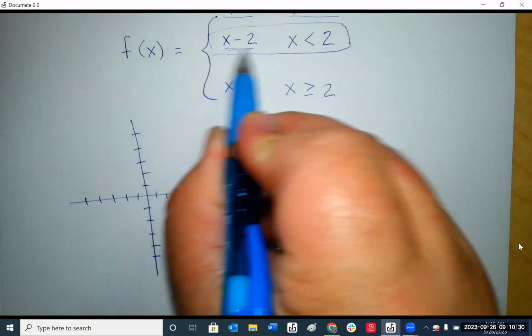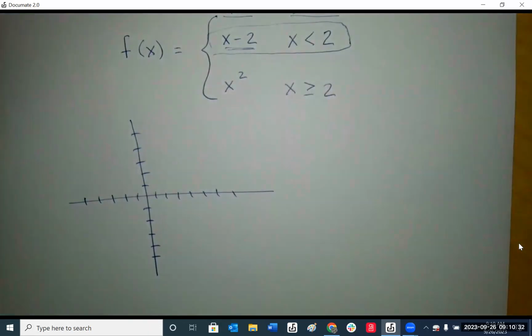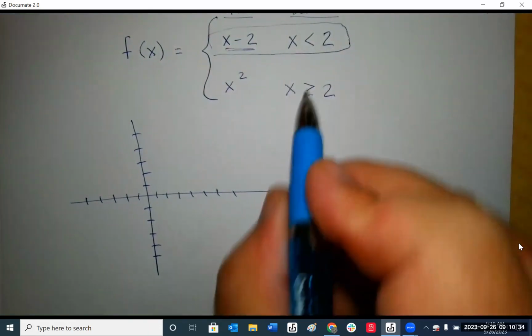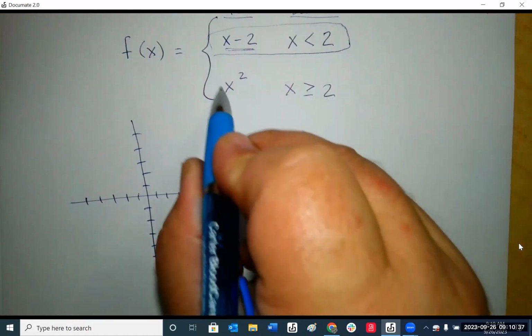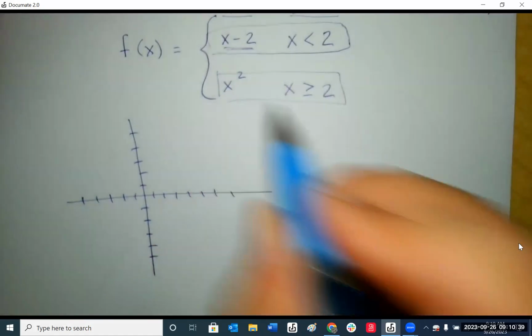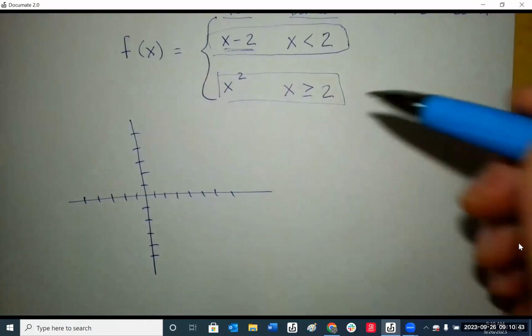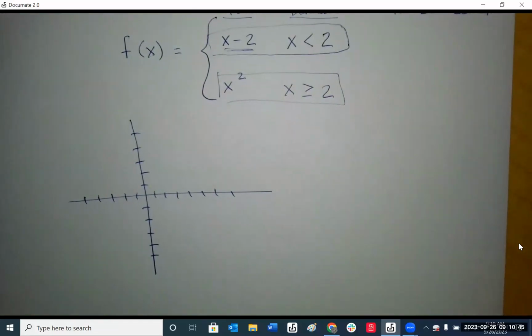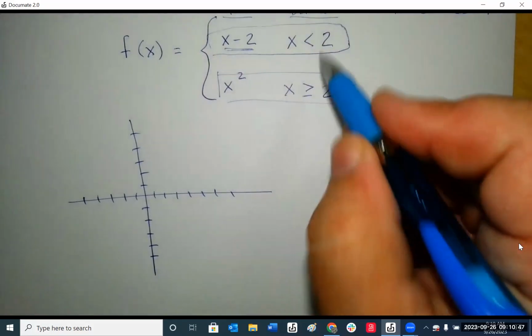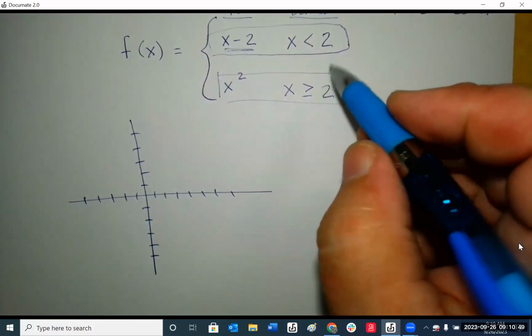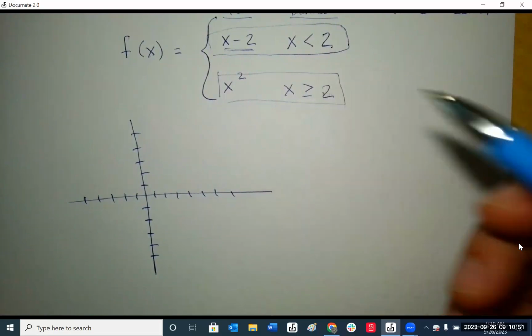We use this equation whenever X is less than 2. Whenever X is greater than or equal to 2, we use this equation. Notice the domain has to go from negative infinity to positive infinity. There has to be an overlapping. It stops at 2 and picks up at 2.